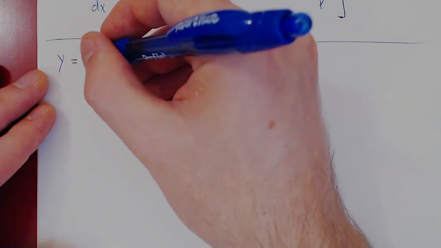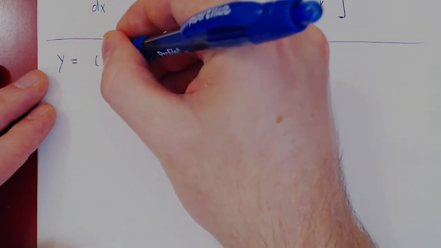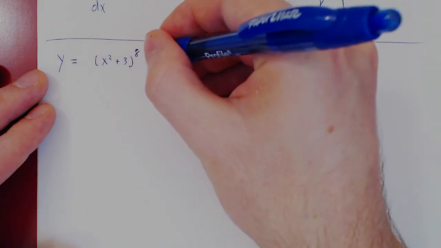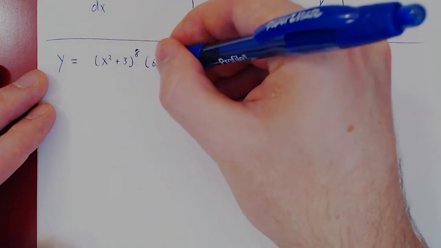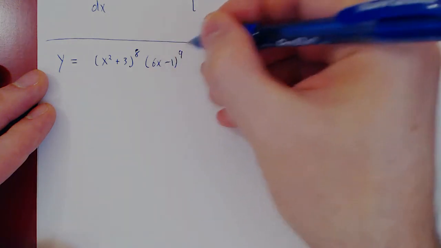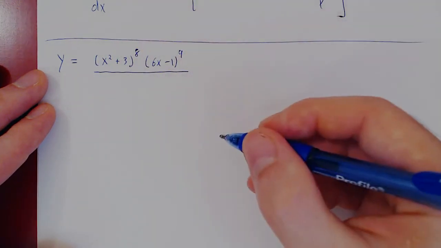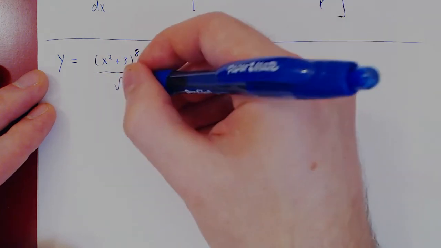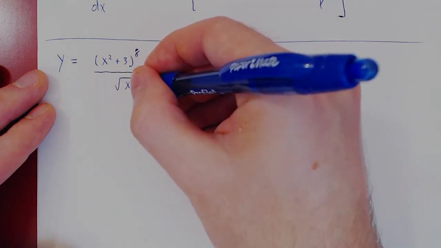So what if I say x squared plus 3 to the power of 8 times 6x minus 1 to the power of 9 over the square root, say, of x plus 2.